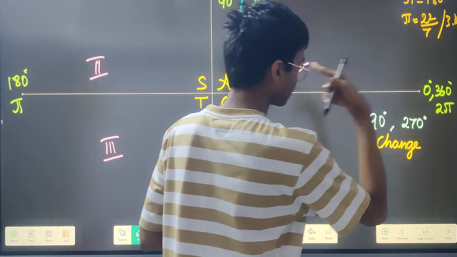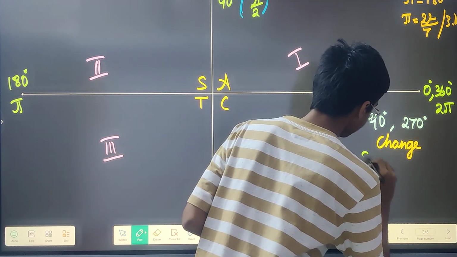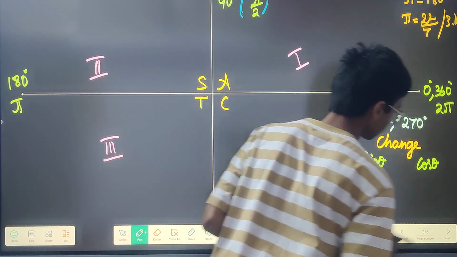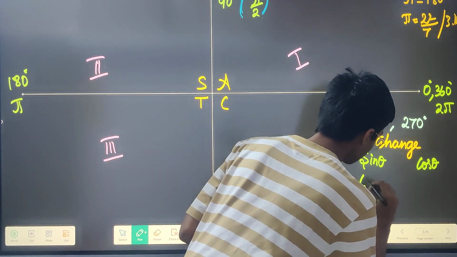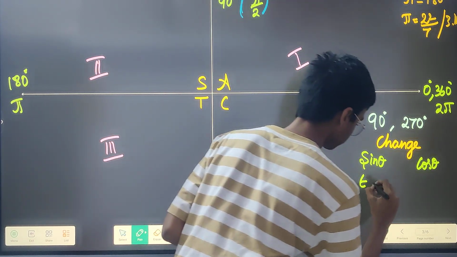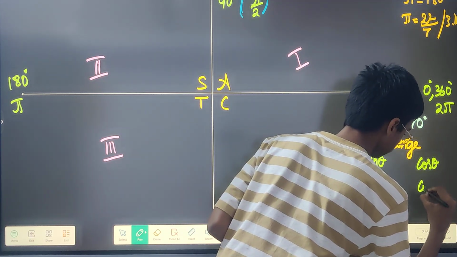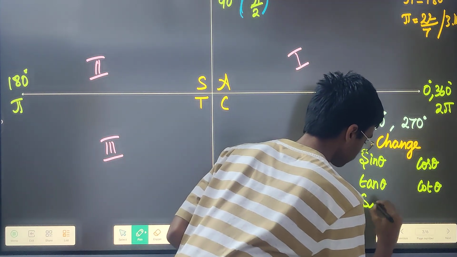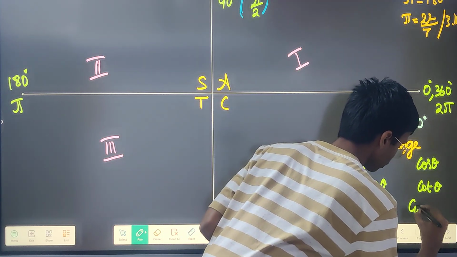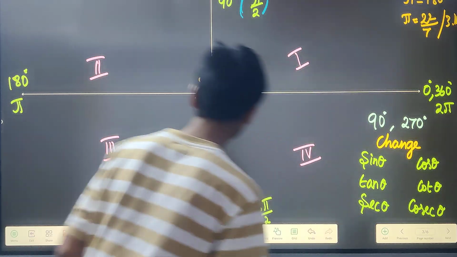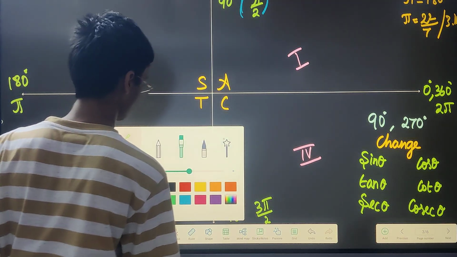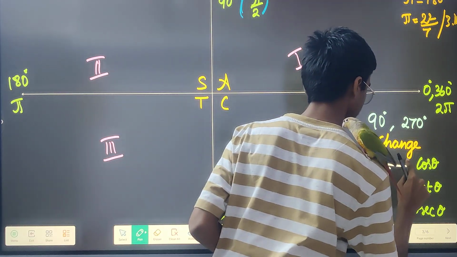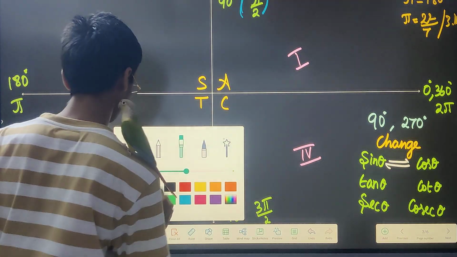In the case of 90 and 270 degrees, sin theta will be converted to cos theta, tan theta into cot theta, and sec theta into cosec theta. This is the conversion.